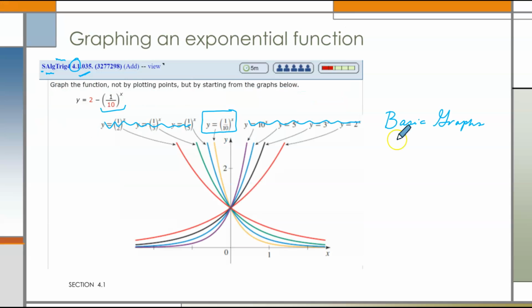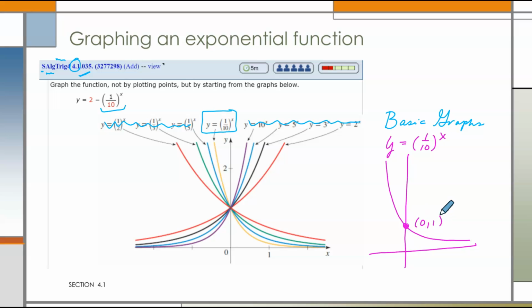Okay, so the basic graph from here that we're looking at is y equals 1/10 to the X. We're only going to concentrate on that yellow graph, which looks like this. It goes through 0, 1. If X is equal to 1, we have 1/10 to the first power. So if X is equal to 1, we would be plotting 1/10.